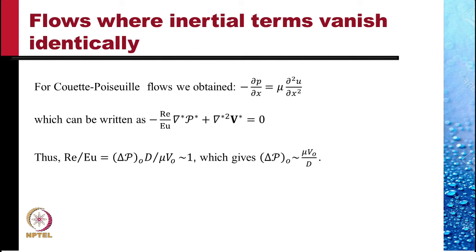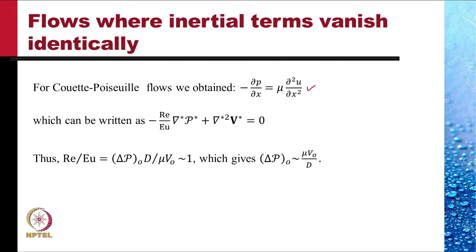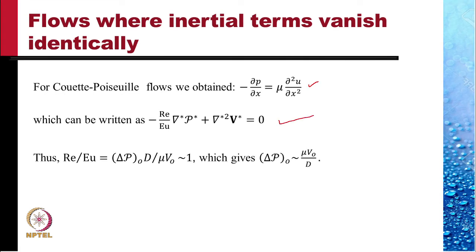For Couette-Poiseuille flow, we obtain this as the equation, and this could be written as this on non-dimensionalization, exactly the same equation that we are dealing with in low Reynolds number flow.